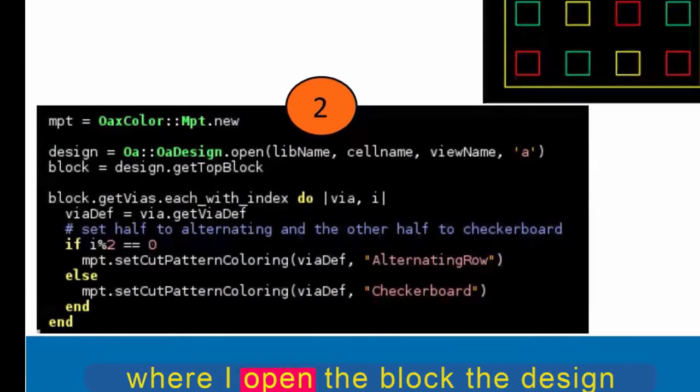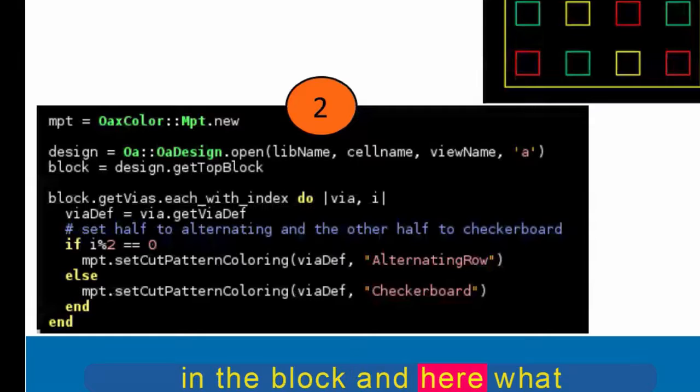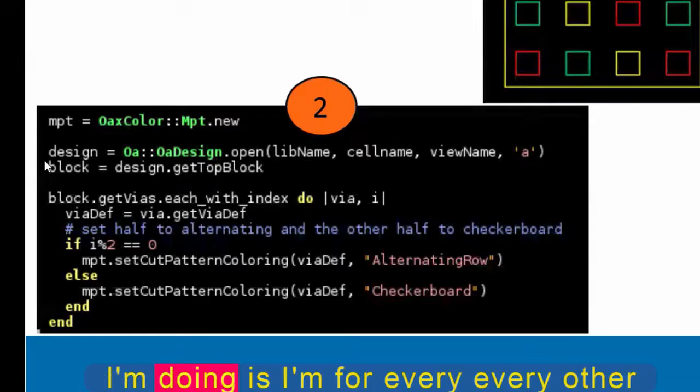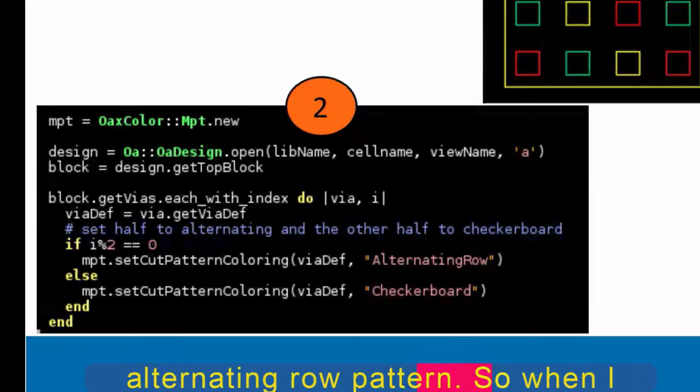Then I do a code where I open the design and the block, and get all the vias in the block. Here, for every other via array, I'm changing the pattern to an alternating row pattern.